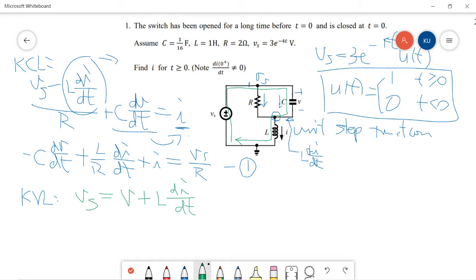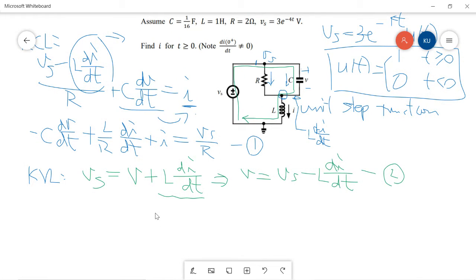So in this case, we can write it as V equals Vs minus L di/dt. We just move this term to the left hand side. So this is the second equation that we can get.